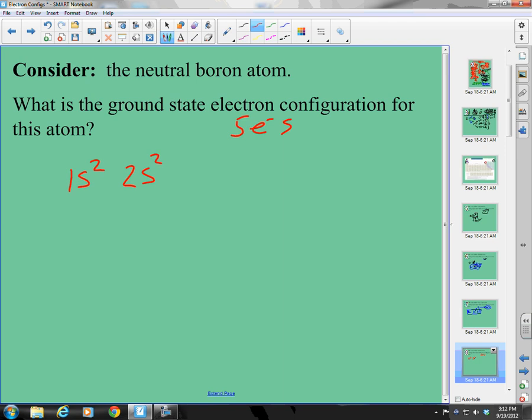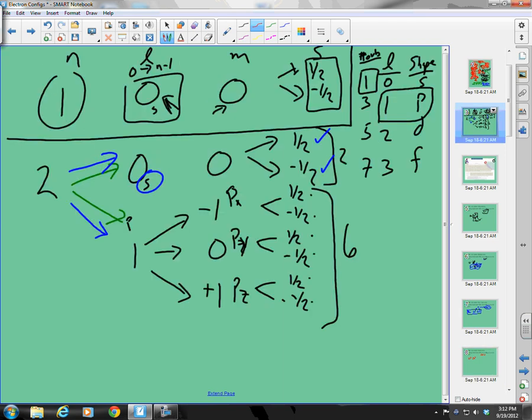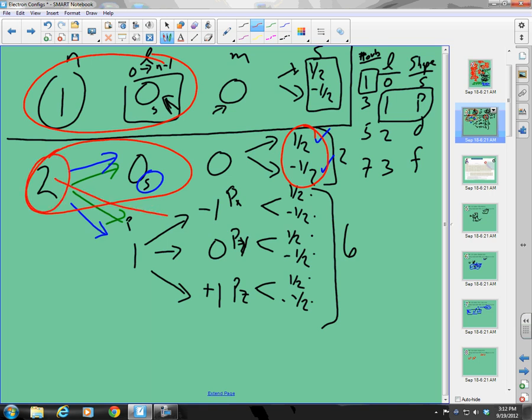Well, let's take a look at our beautiful quantum numbers here. We filled up the 1s right here, right? We went to the 2s, and we have 2 electrons in the 2s, and now we want to go to the 2p, right? We have a whole bunch of p's right here.